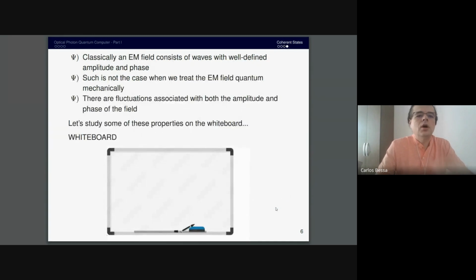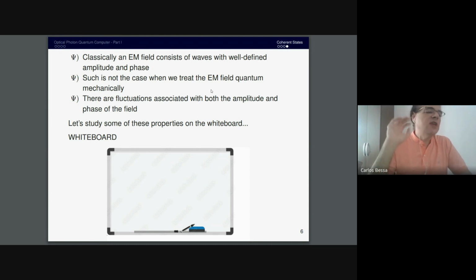Okay, so this is the last slide for today. Classically, the electromagnetic field consists of waves with well-defined amplitude and phase. But when quantized, this is not the case, because we have fluctuations associated with the amplitude and the phase of the field.